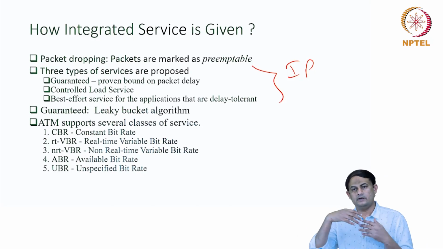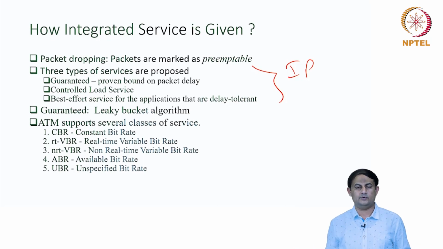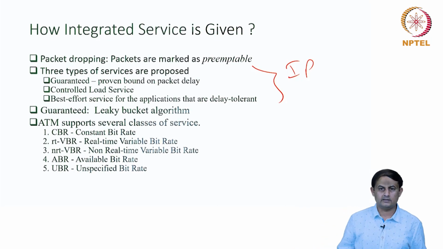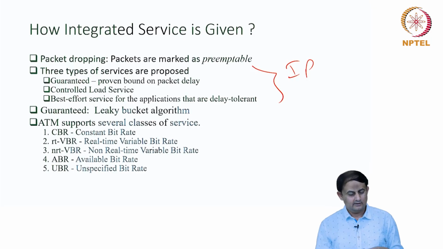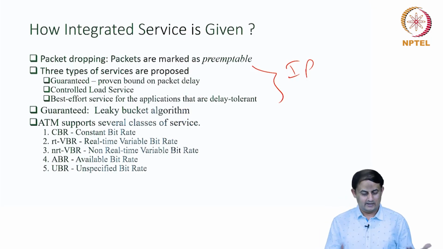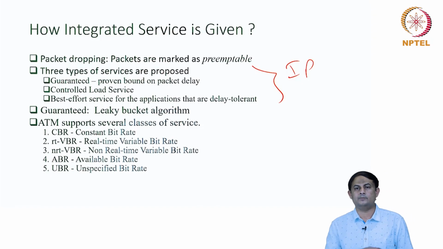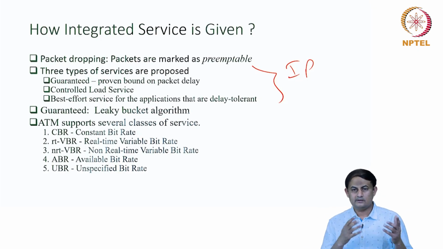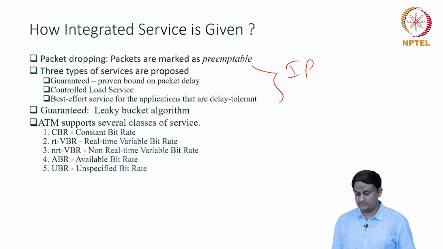Whatever is unutilized, that I am going to promise you. The last category, which is as good as providing best effort delivery, is called unspecified bit rate. I am not going to give you any kind of guarantee. Occasionally, I might even drop packets. So that is what the service models are in ATM networks.